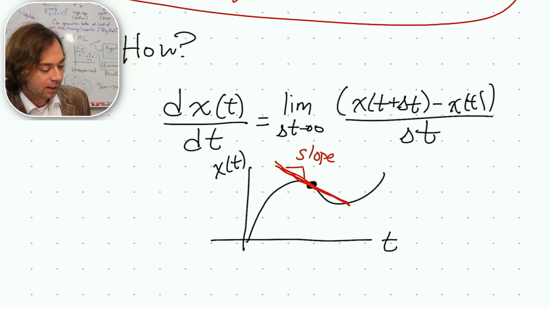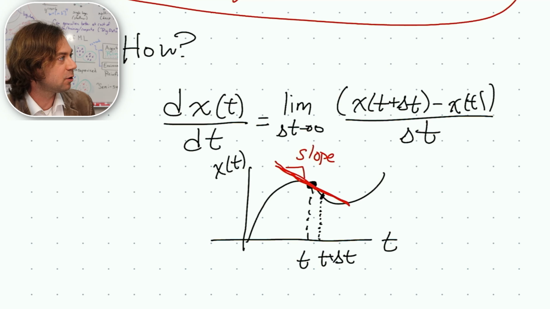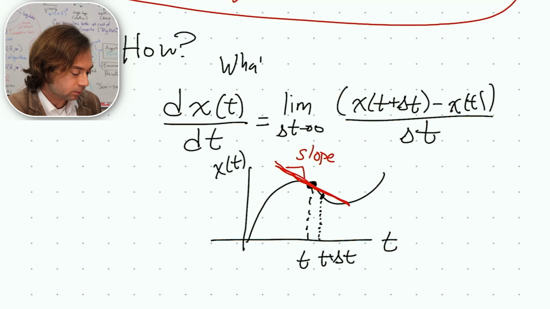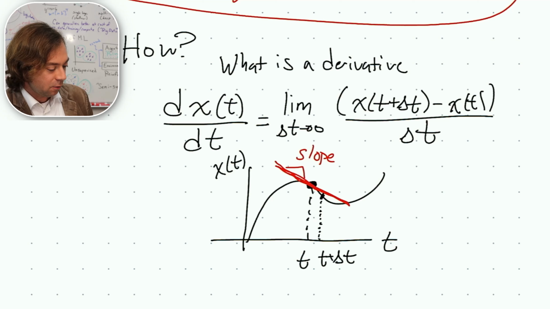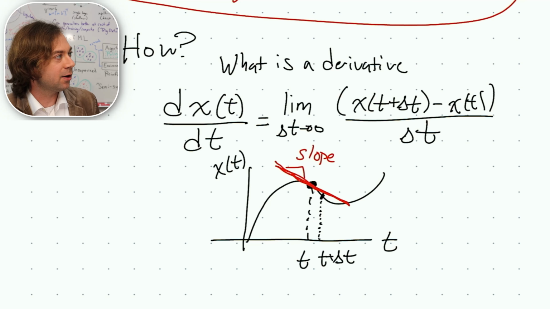The way that you get that is by saying, I'm at this time t here, and now I'm over at some tiny, tiny different spot over here, t plus delta t. What's the slope between those two points? That's what a derivative is. The formal definition is when delta t goes to 0 in the limit. That's what we learned in calculus, right?